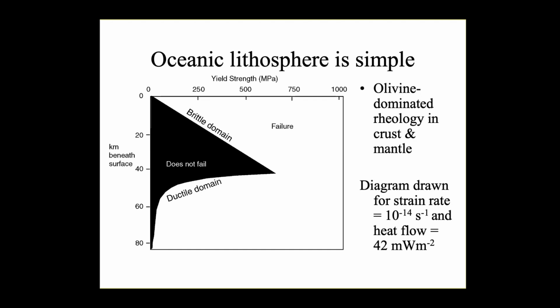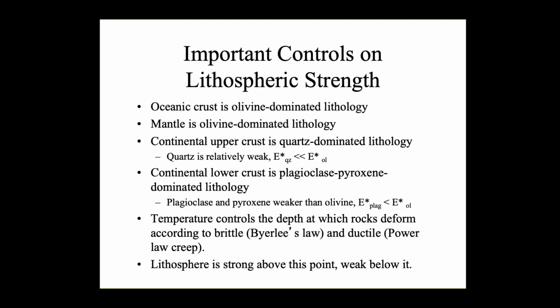Now, these diagrams will be different depending on heat flow, which determines the temperature structure, and on the strain rate, but this is a typical strain rate of 10 to the minus 14 per second, and the heat flow is fairly low, 42 milliwatts per meter squared. So we've already said that. I don't think we need to spend any more time because we're getting a little bit short on time.